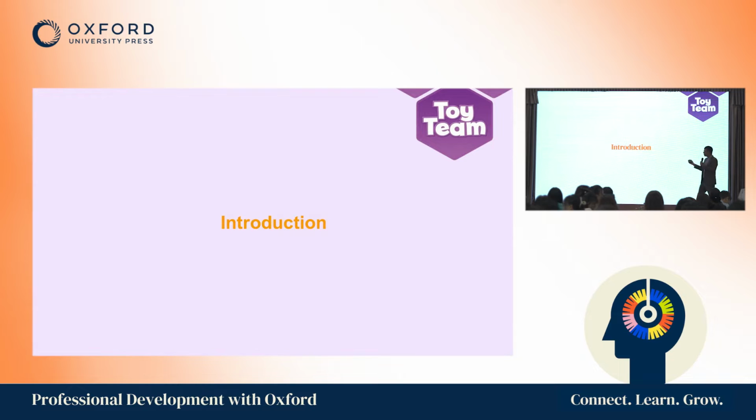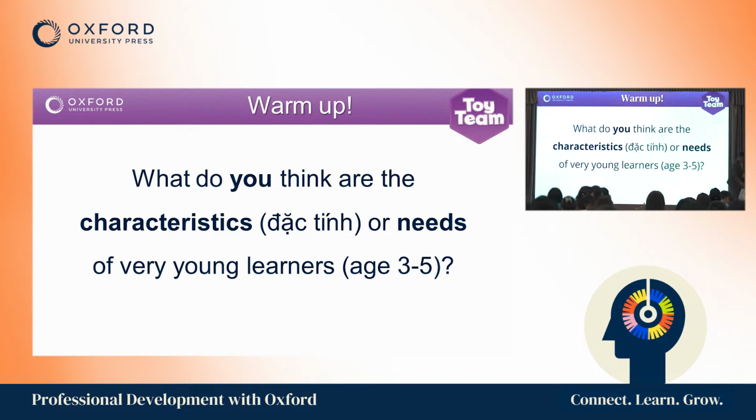Let's get started. Introduction. What do you think are the characteristics or the needs of very young learners, aged from around 3 to 5? I want you to think, and if you've noticed, you have some things on your table. There are some things you're not allowed to touch, like the plates, or the little coins, or the QR codes. There's one thing that you are allowed to touch, and that is the big A3 paper on your table.